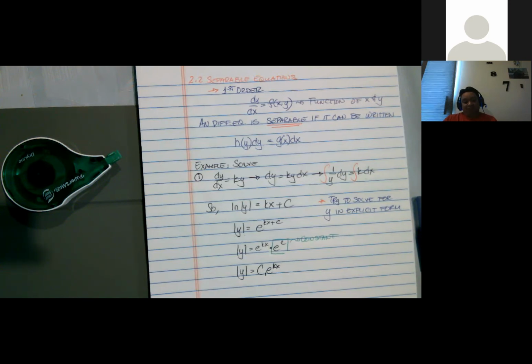Questions? Any questions? Okay. Does anyone remember how to remove the absolute value out of an equation? So how do I remove the absolute value out of this equation? Does anyone remember?